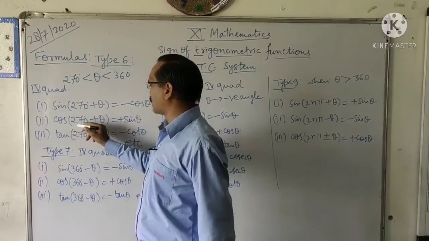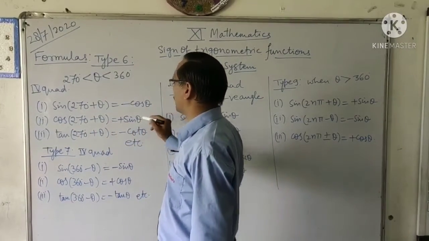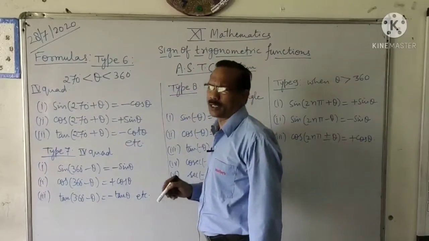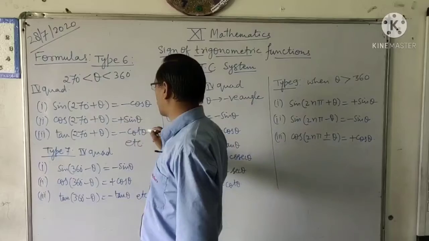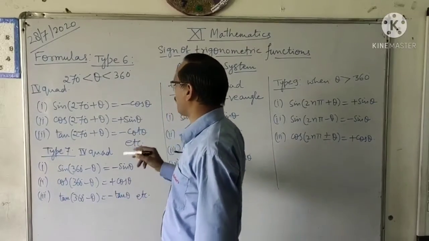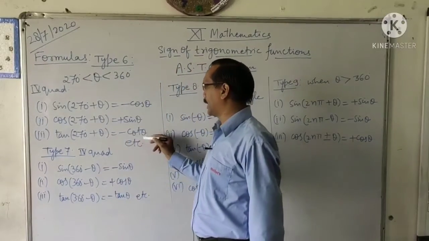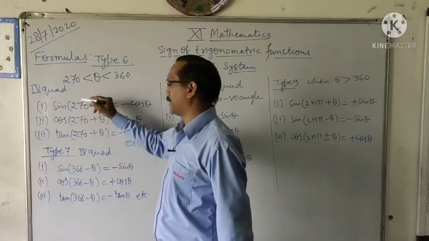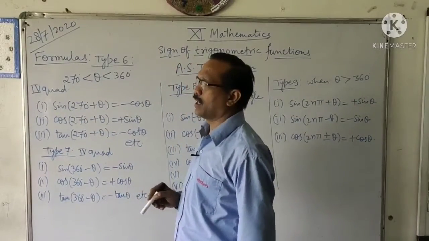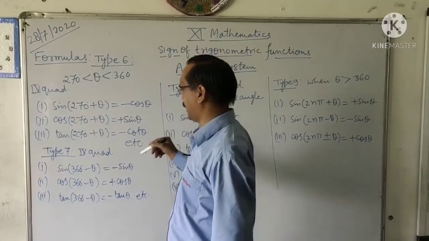Then cos(270 degrees plus theta) is plus sin theta, in the fourth quadrant cos is positive. Tan(270 degrees plus theta) is minus cot theta because in the fourth quadrant tan is negative, and there is a complementary change because 270 degrees is an odd multiple of 90 degrees.